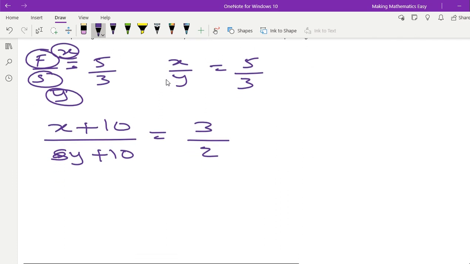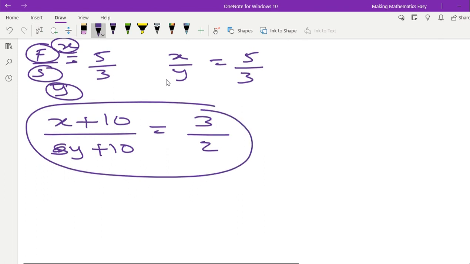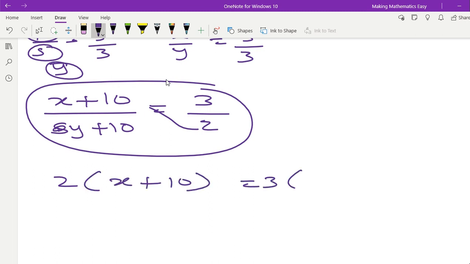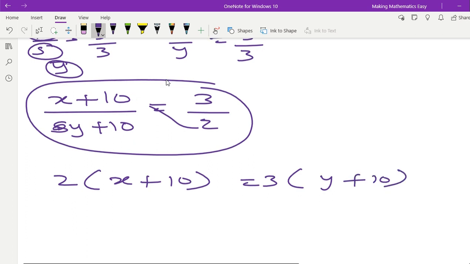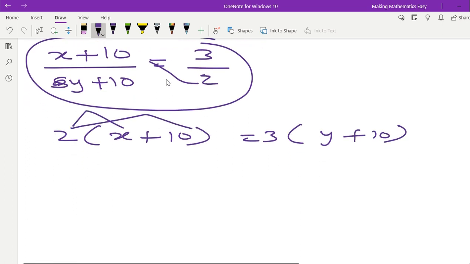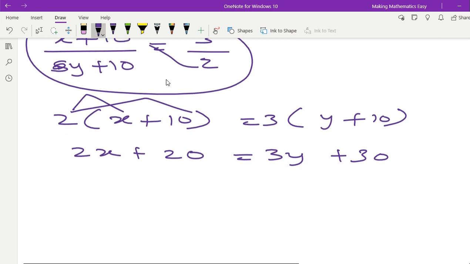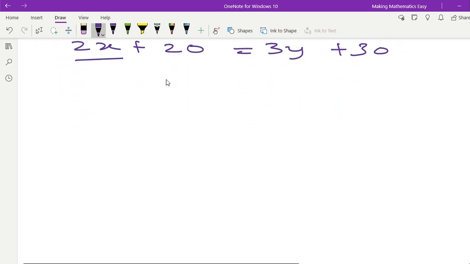So let us do one thing. Let us first solve this portion. So what we are going to do is cross multiplication. So that will be 2 into (x plus 10) is equal to 3 into (y plus 10). Okay. So now we have to multiply these numbers with both the terms in the bracket. So this will be 2x plus 20, and over here it will be 3y plus 30. Okay, now let's bring the variable terms to one side, which is 2x. 3y has a positive sign over here.